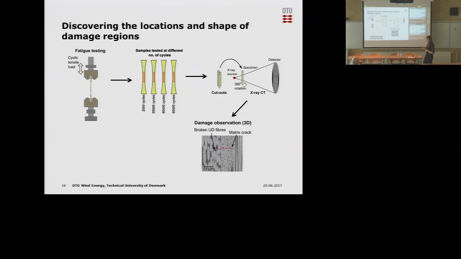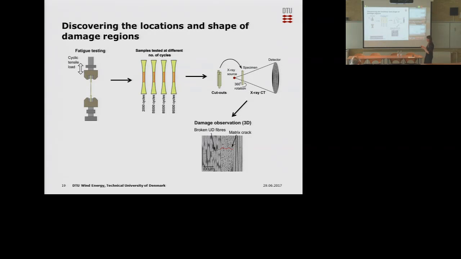From this, a lot of different damage regions were examined. What you can see here as an example are the unidirectional fibers, and these are the backing fiber bundles going out of the plane. You can see some examples of broken fibers here related to a matrix crack, and there are also some broken fibers on the other side.